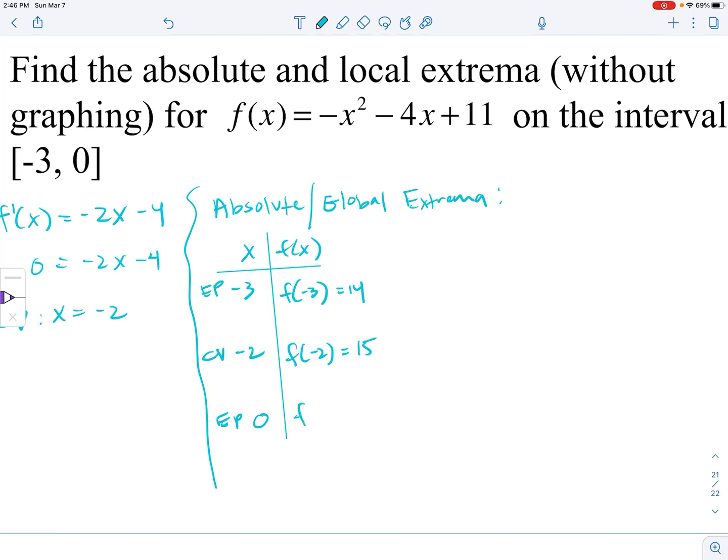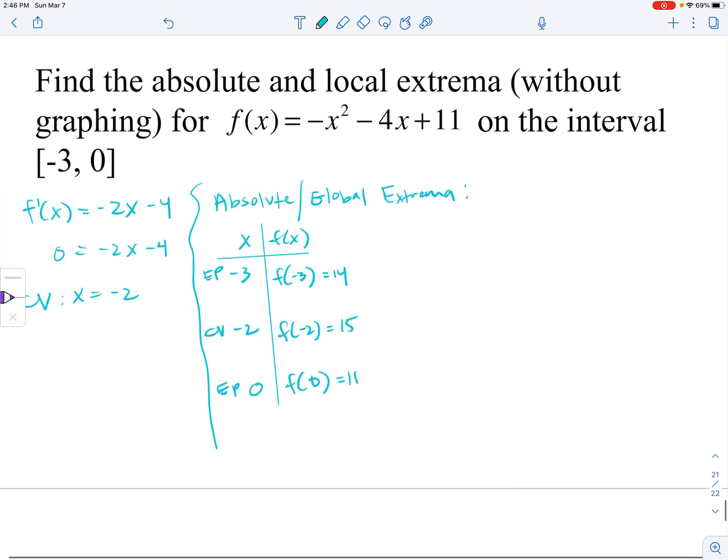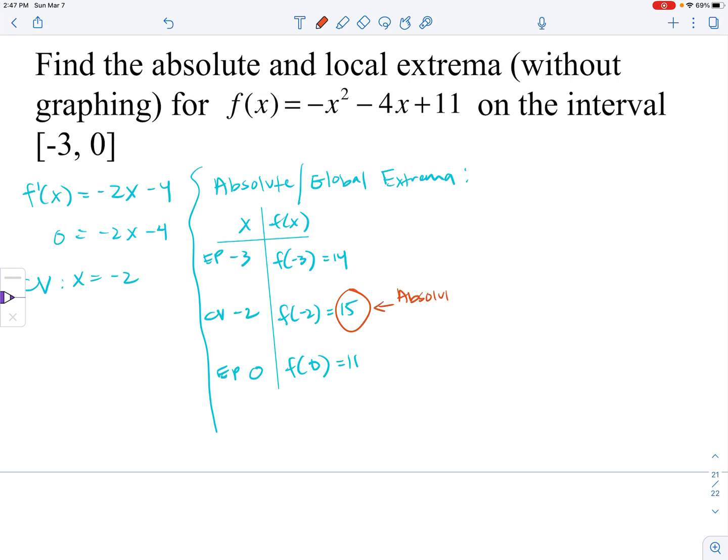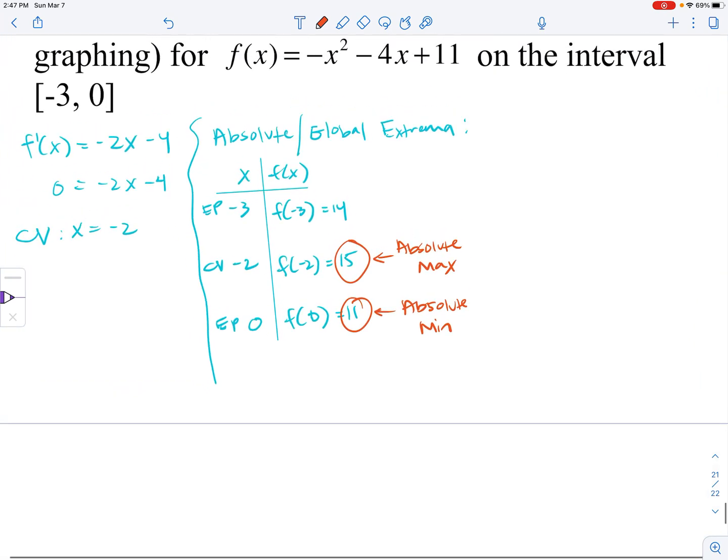So f of -3 is 14. F of -2 is 15. F of 0 is 11. So that means 15 is the absolute max. And 11 is the absolute min. Okay.